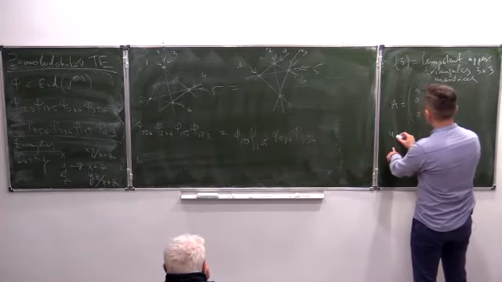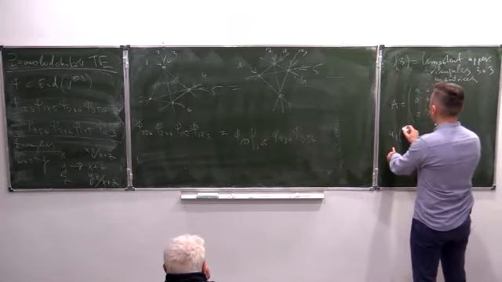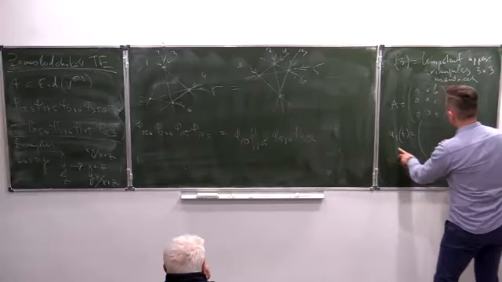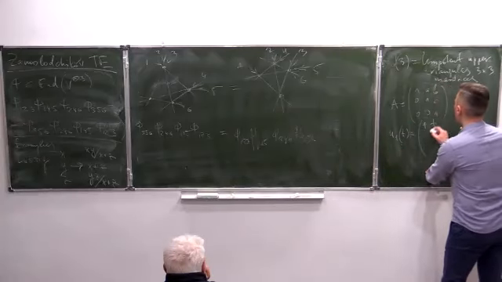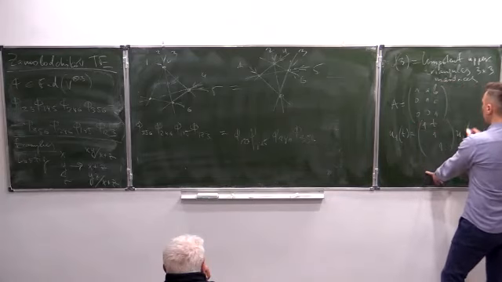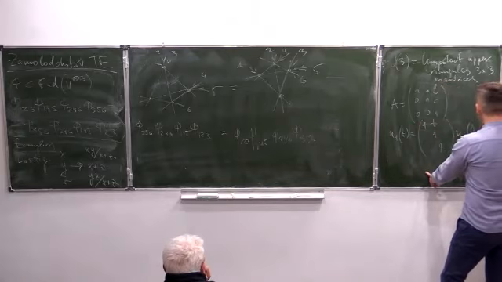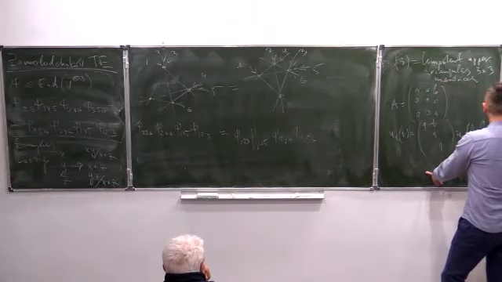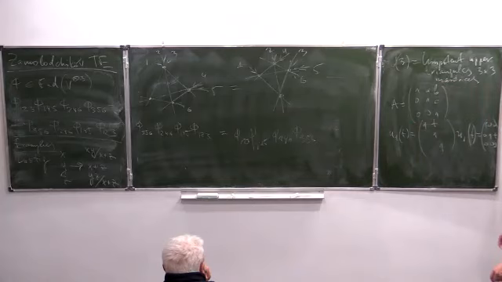Let U1 of T be a matrix of this form, and U2 of T a matrix like this.